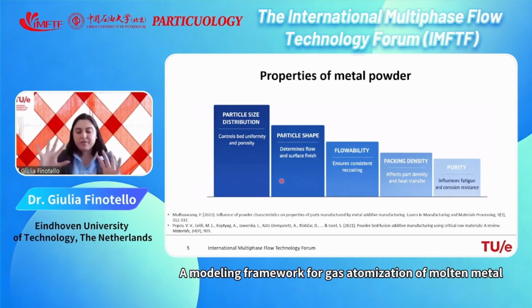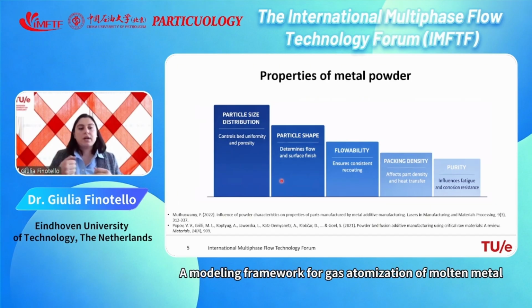There are different properties of this powder that are important for additive manufacturing. So definitely particle size distribution, which controls the layer, so the bed uniformity and porosity. Then we have particle shapes, and both of these characteristics are connected to flowability and packing density.